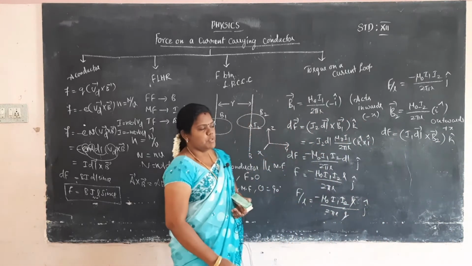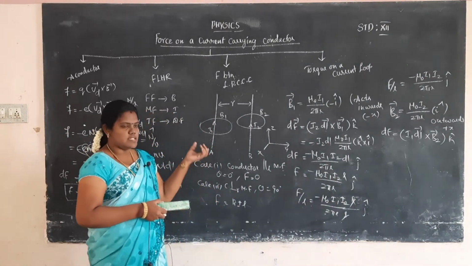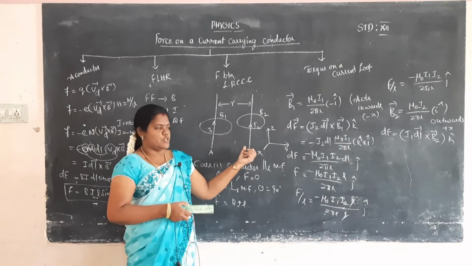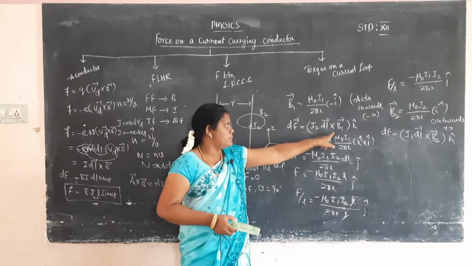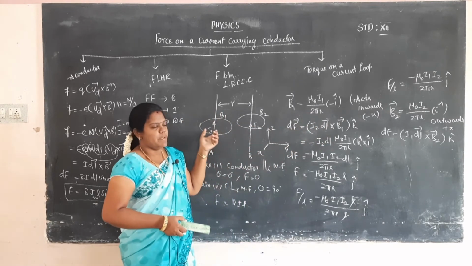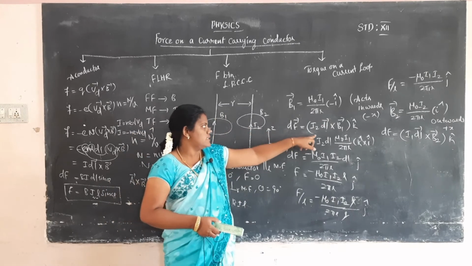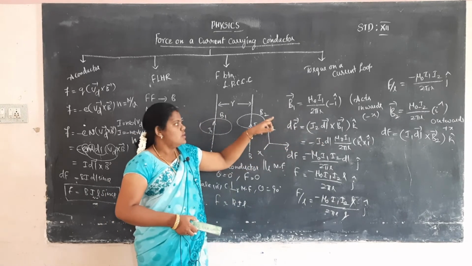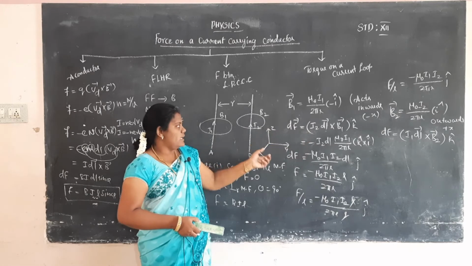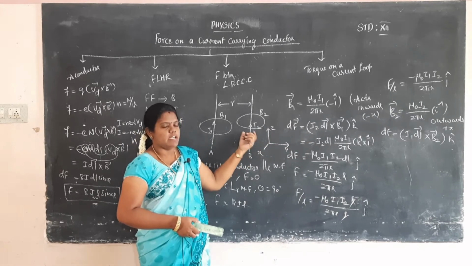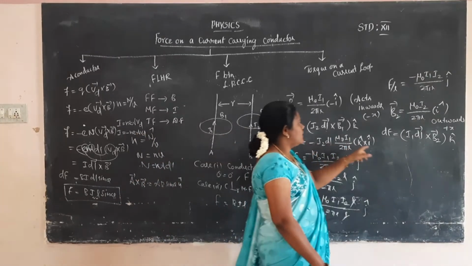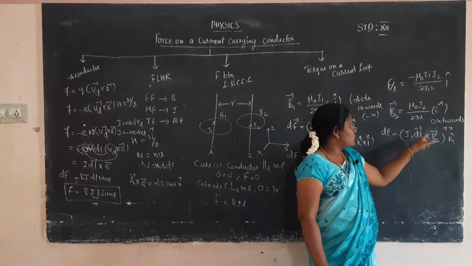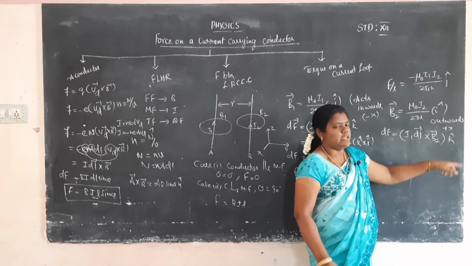Clear? Earlier, for B1, we considered the force on the second conductor, I2 dl cross B1. The second conductor's magnetic field gives the force on the first conductor. So that is dF equal to I1 dl cross B2 vector into k cap.